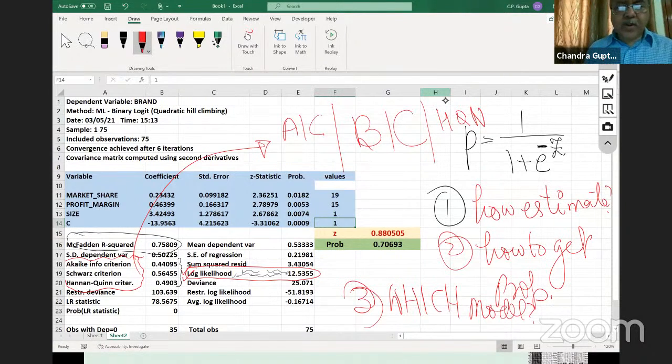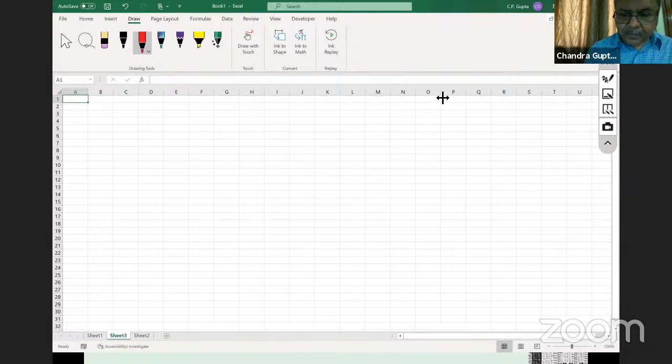And why do we call them information-based criteria? Anyone?